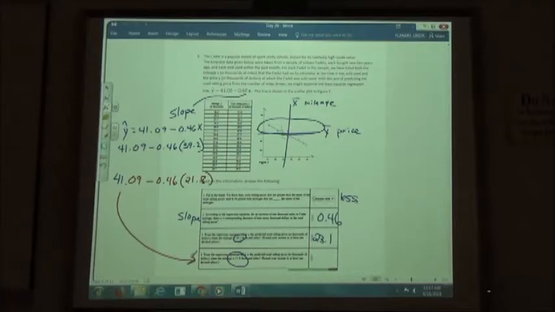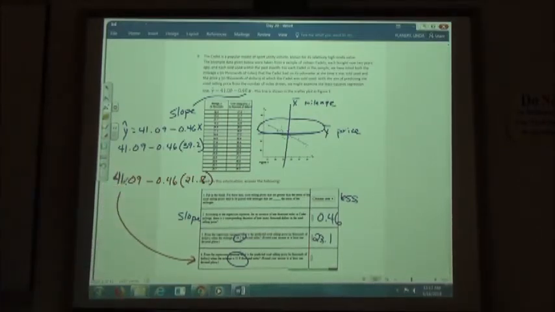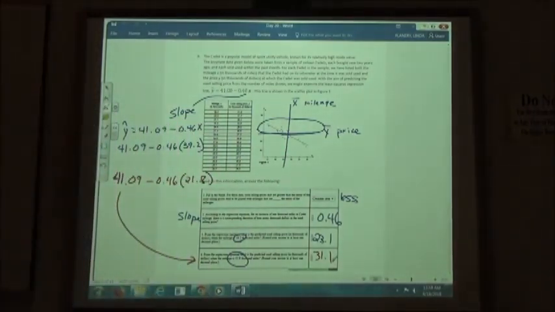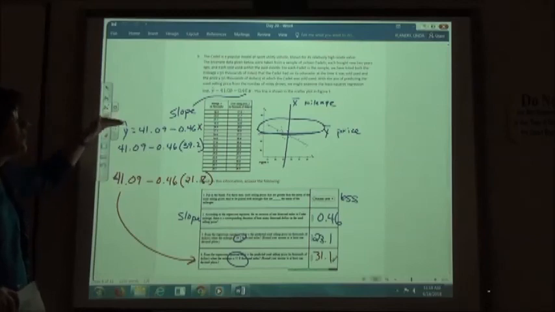And so if you take the 41.09 minus 0.46 times 21.8, again, we're rounding this off to 1 decimal place. 41.09 minus 0.46 times 21.8 should give you 31.1 for my predicted value using my regression equation. So this one didn't ask you for any observed ones from the table. Both of them were predictions from my regression equation, and I just plugged my number in and solved.